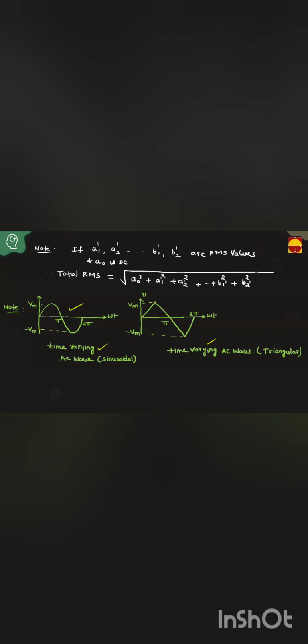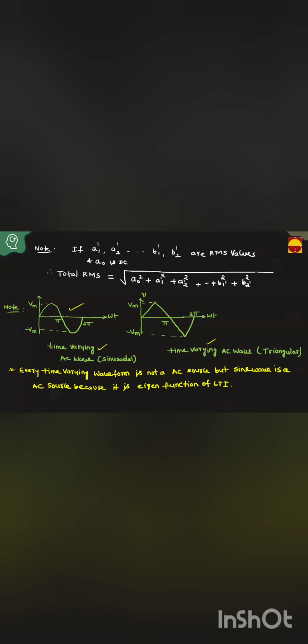That is the note I am writing: every time varying waveform is not an AC source, but the sine wave is an AC source because it is an eigen function of the LTI system, that is, linear time invariant system.